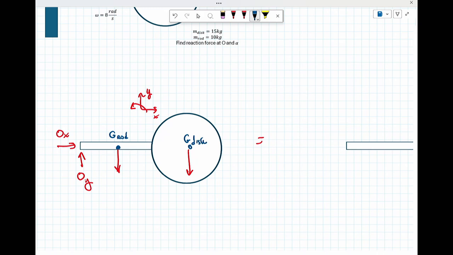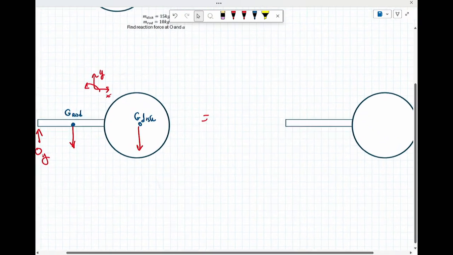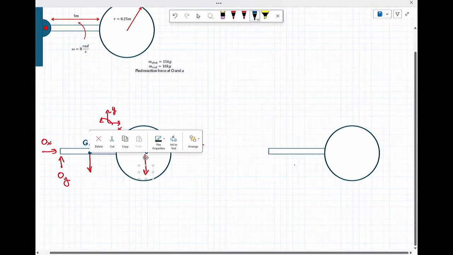So I have a rod, I have a disk, I have forces acting. They're all kind of acting together, and they're all rotating about point O. All right, what do I have to do? I have L, I have my direction. I have counterclockwise because I have done this wrong.